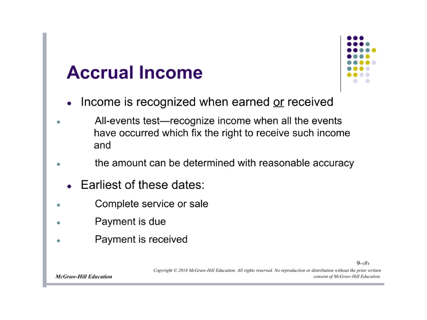And remember that that's going to be the earliest of one of three dates: completion of service or sale. So from an accounting perspective, when is the audit done? When have you completed the tax return? Okay. When payment is due, or when payment is received. Okay. Whichever is the earliest of those then completes the all events test to recognize income.